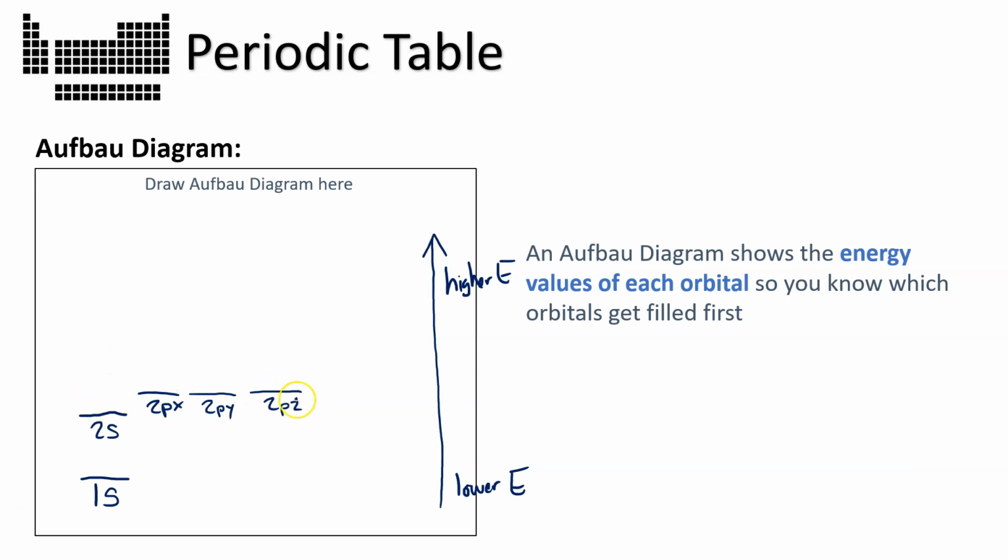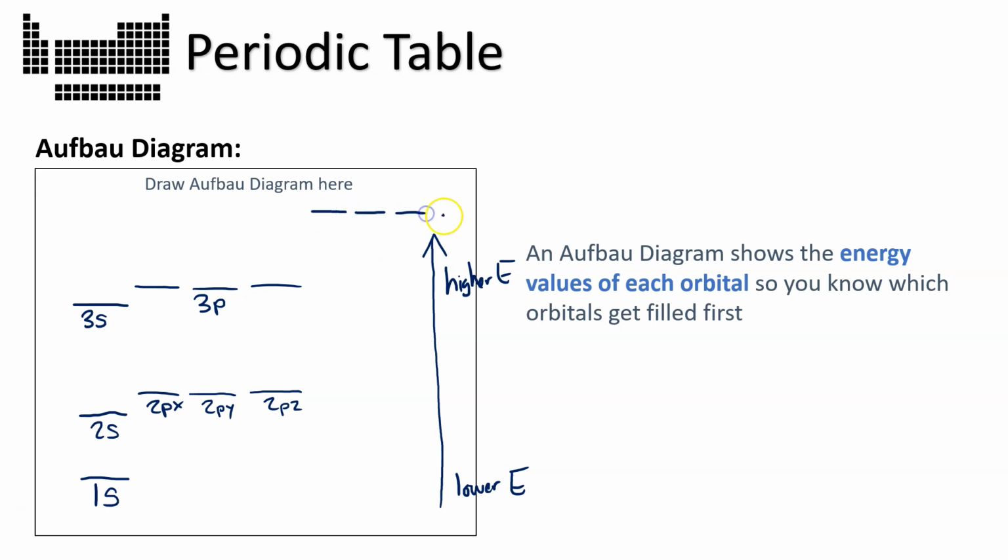After the second principal energy level, we'll go up to the third principal energy level, which has the 3s and the 3p's. I'm not going to label them this time as 3px, 3py, and 3pz. We can just summarize them all at once as the 3p's. And there's also the 3d's, which we'll have to add over here.